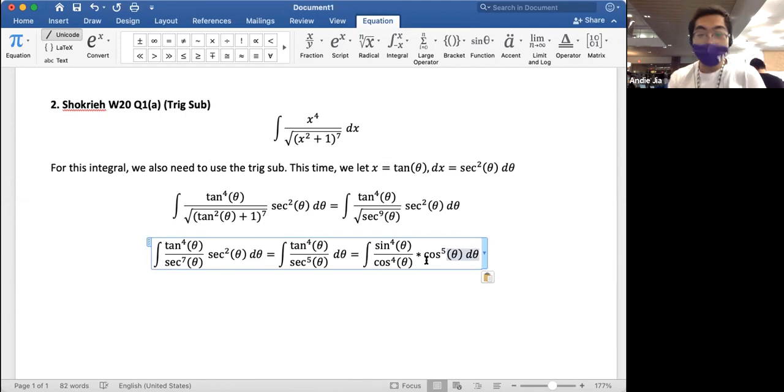So does this integral look a lot easier?